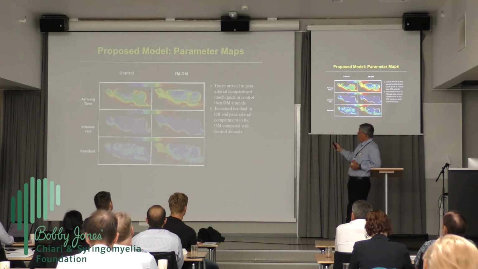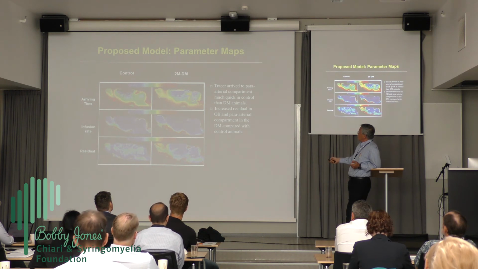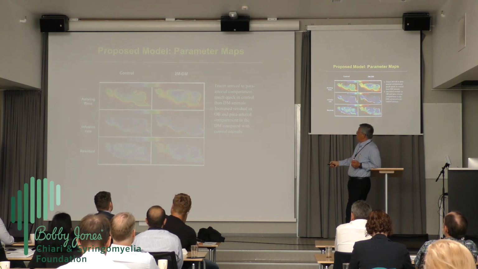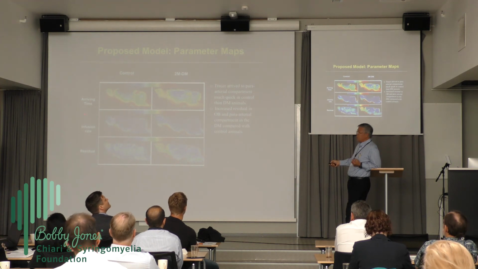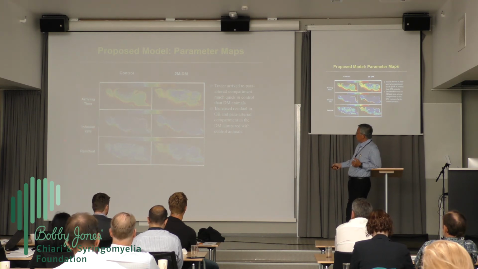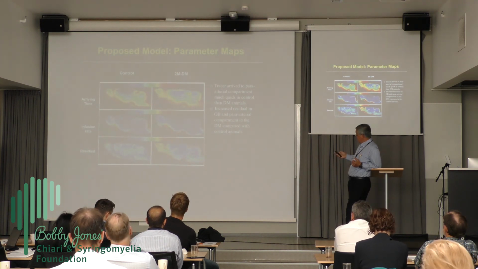Now I show some results. This is like arriving time. In the control, in the paravascular area, you have a quicker arriving time. Infusion rate is not so sensitive in diabetes, but in tumor it has some interesting results. For the residue, you can see diabetes has more residue compared to control.